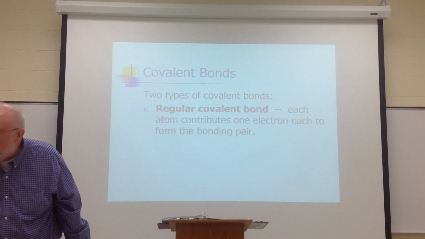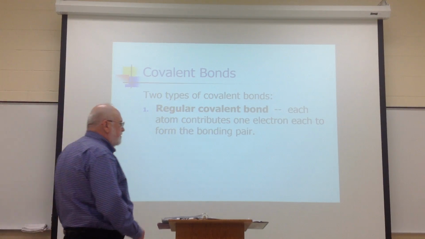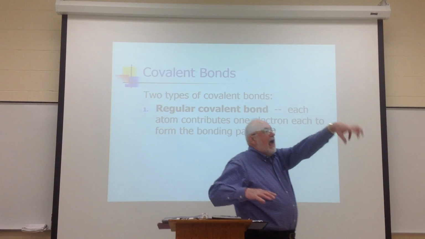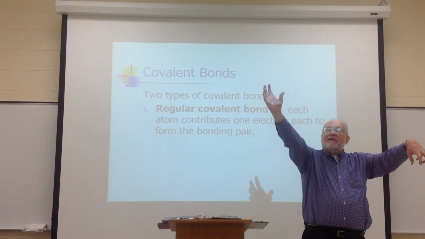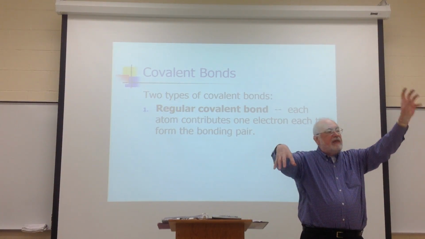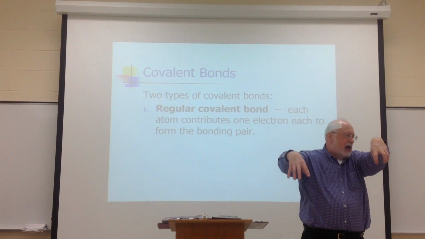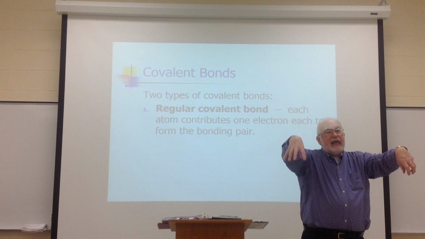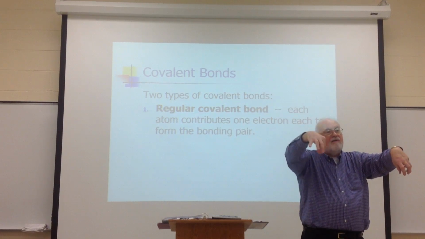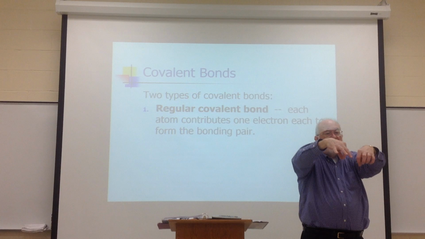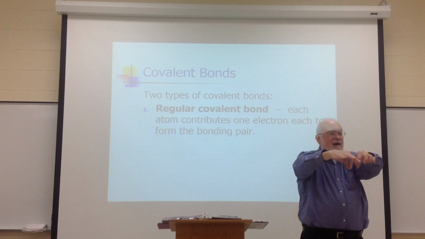Heavens, yes. So, if I've got atom A and atom B, this one, A, is going to give an electron from its valence shell. And this B is going to give one of its valence electrons, and they're going to share them out.